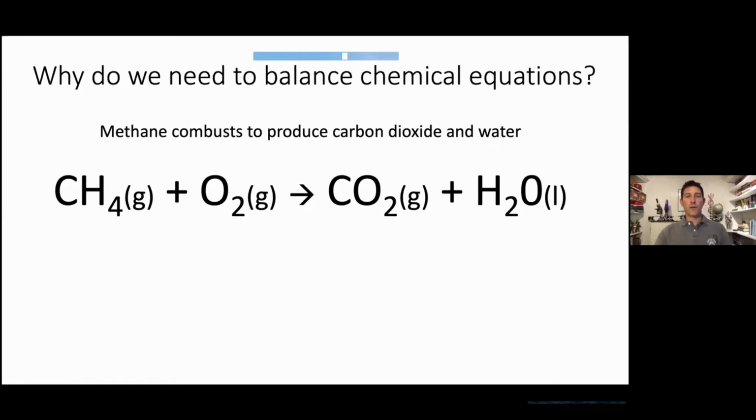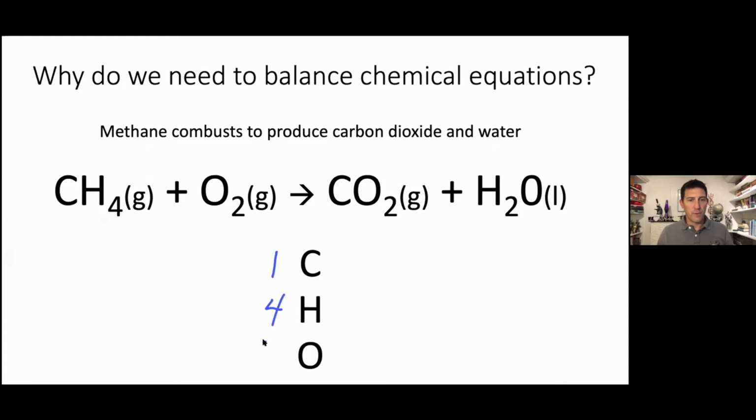Now, the trouble is this. If we really look at that and we examine how many carbon we have on one side and how many hydrogen and how many oxygen, we don't have the same amount of any of those. If I look at my reactant side, we have one carbon, 4 hydrogen, and 2 oxygen.